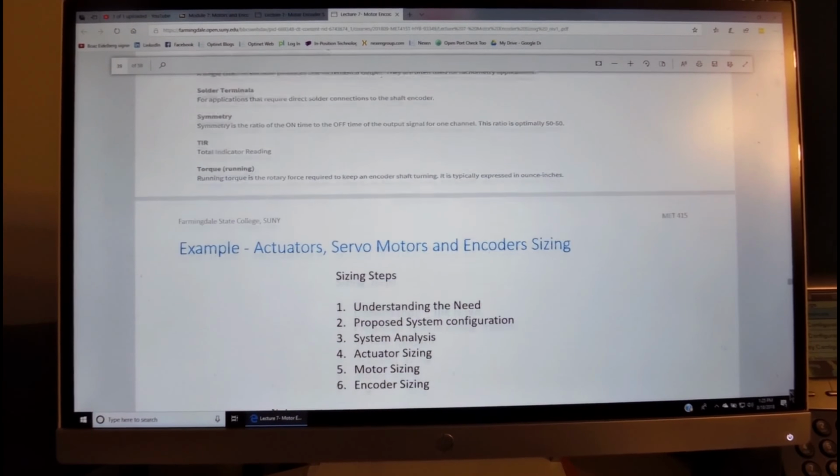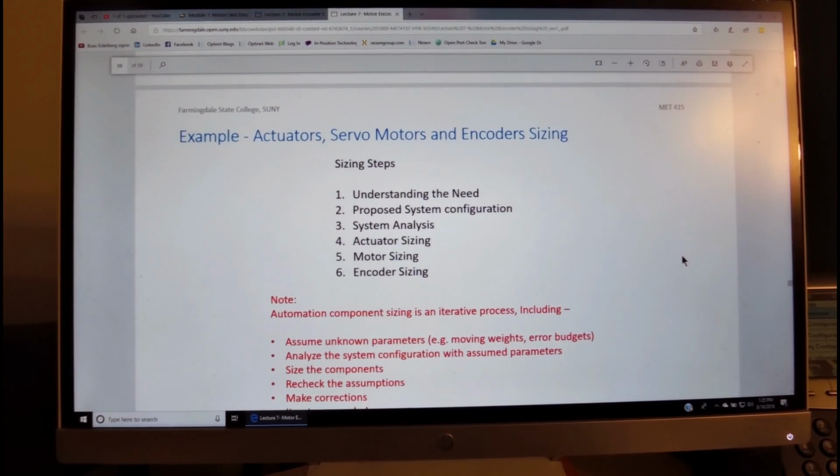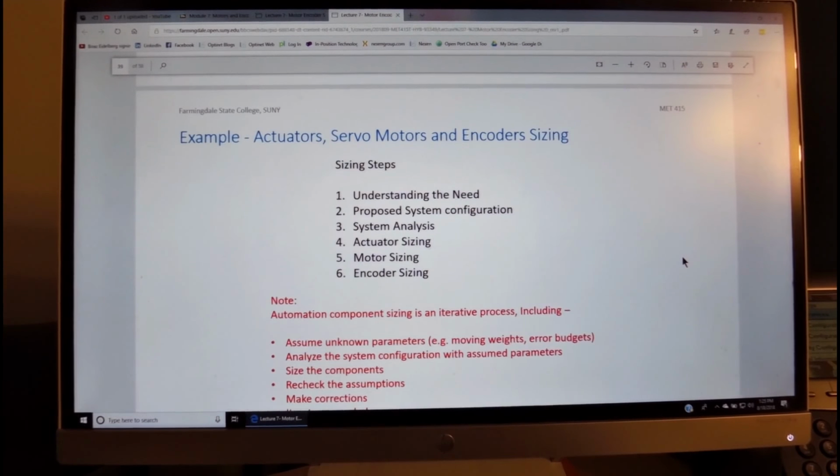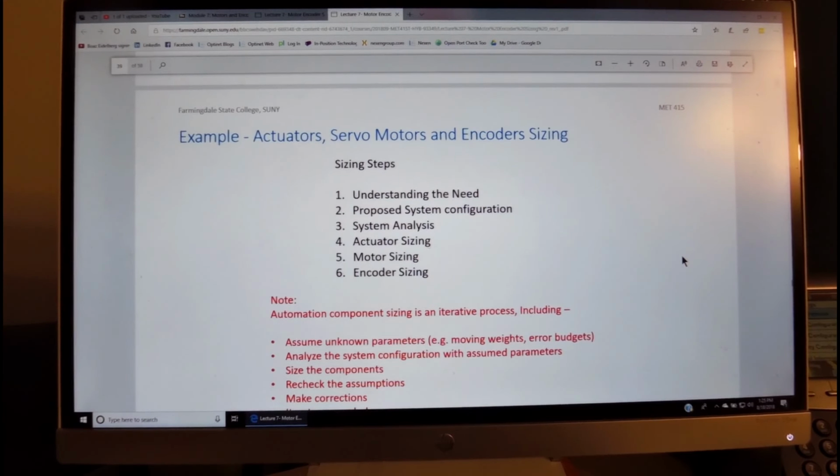What we'll do in this part is take a look at one of the more common applications for an automation engineer, and that is the sizing of motors, encoders, actuators, and grippers. We'll focus on sizing here.